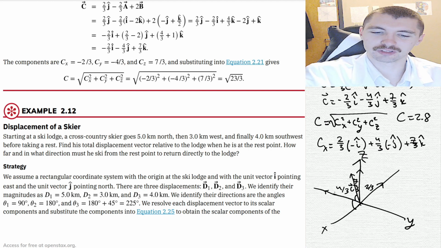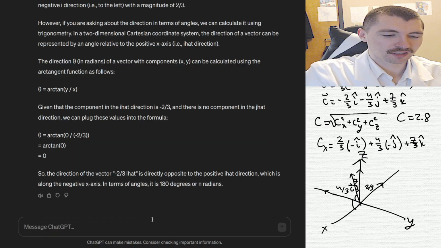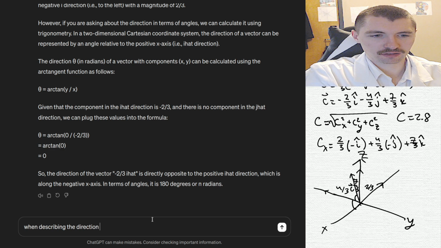I don't know, that might be a good question for the chat bot. When describing the direction of a vector in R3, you use 2 degrees.